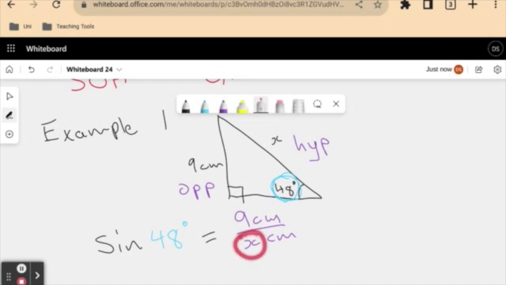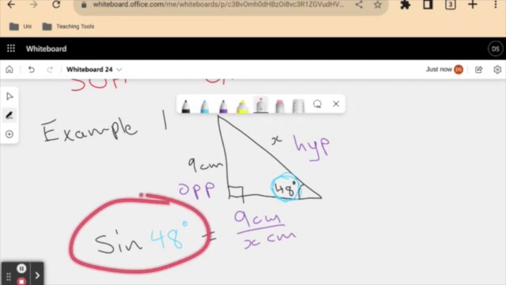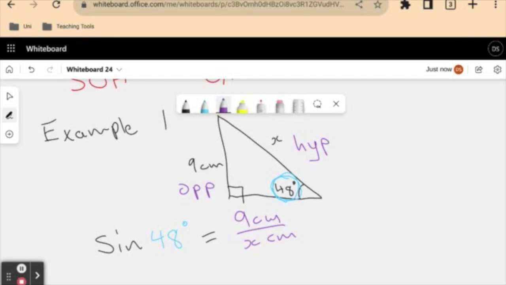We have some unknown and a bunch of other knowns. So we can rearrange this equation to solve for my unknown side, my hypotenuse. So we can say that 9 centimeters divided by x is equal to sine of 48. Therefore, that's the same as writing 9 equals x multiplied by the sine of 48 degrees.